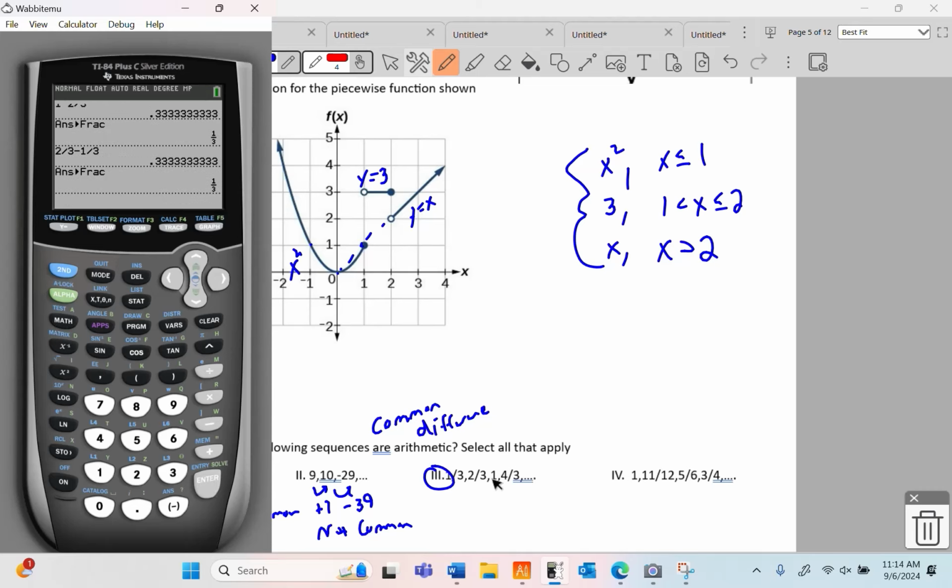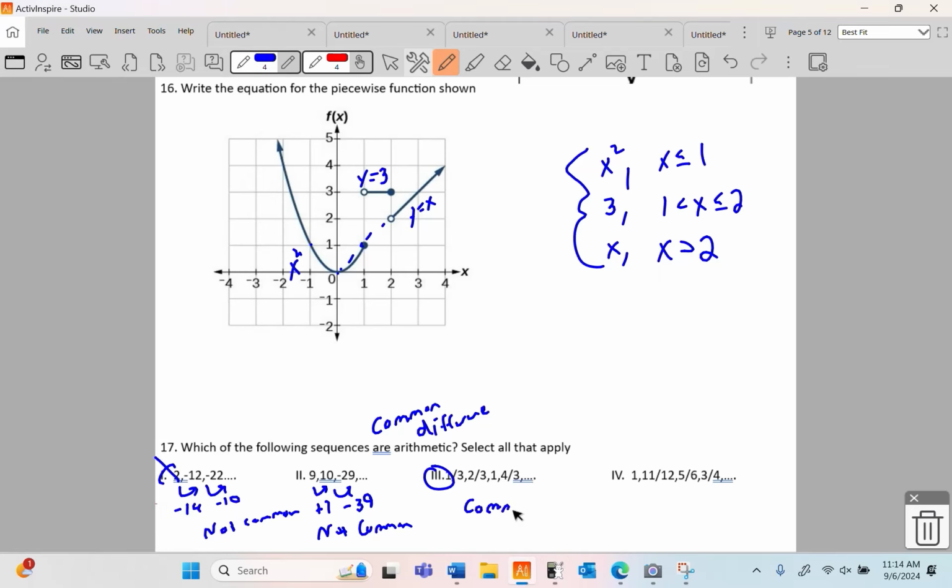The difference between 2/3 and 1 is the same thing. The difference between 4/3 and 1 is also the same. So we have a common difference equal to 1/3.